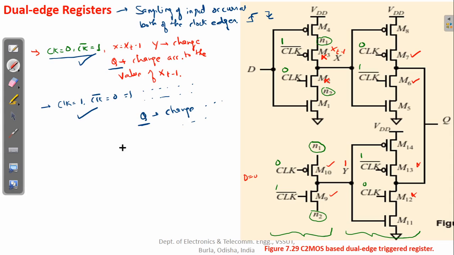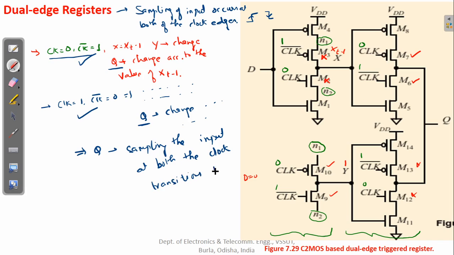So Q is changing under both of these conditions. This implies that Q is sampling the input signal at both of the clock transitions, that is at rising and falling edges both.